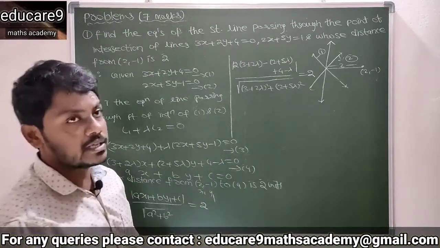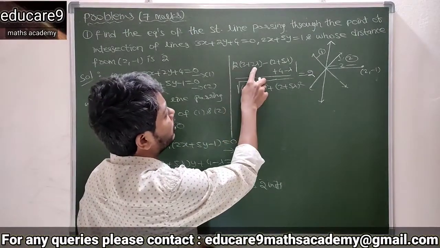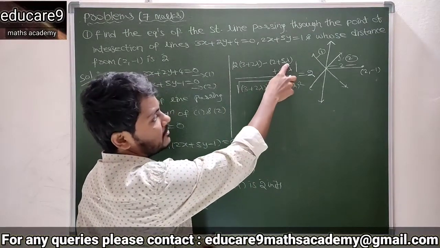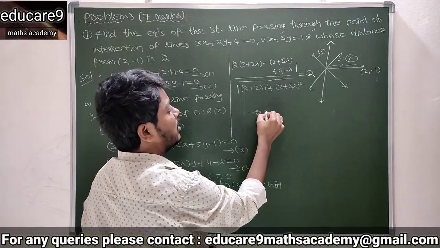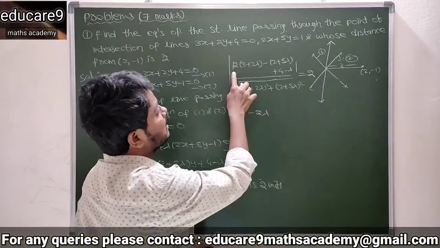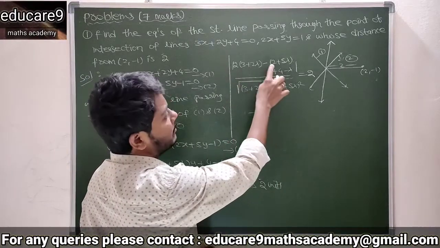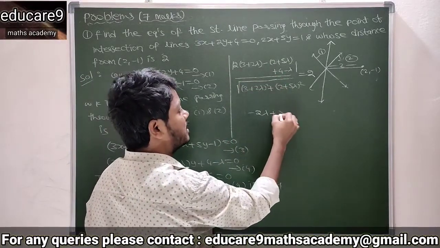Now solving this, what you get? 2 into 2, 4λ, minus 5λ, so minus λ, minus 2λ. Next 6 plus 4, 10, minus 2, 8, plus 8.